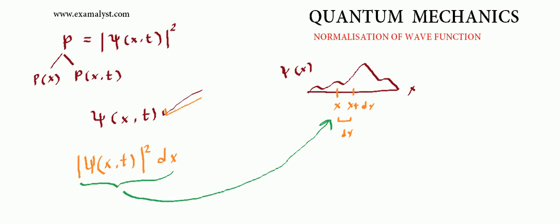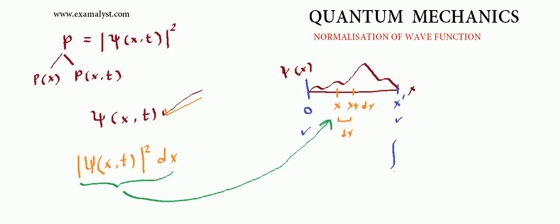Now we can write a very important result about probability. You know that the probability for the entire region must be 1. So if the region goes from 0 to x dash, then the probability of finding the particle from 0 to x dash is 1, because the particle has to be somewhere between 0 and x dash. What should be the condition now?